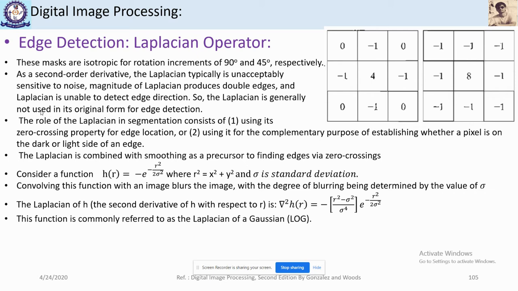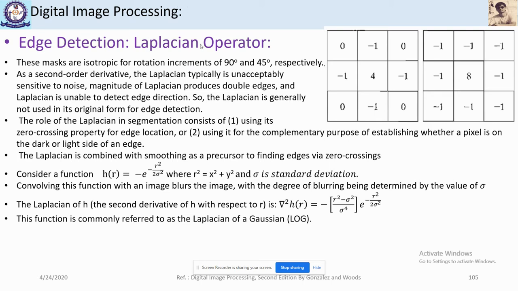And the Laplacian is unable to detect edge direction. We cannot know the direction of the edge by the Laplacian operator. So these are some of the limitations which bar the use of the Laplacian in its general form.